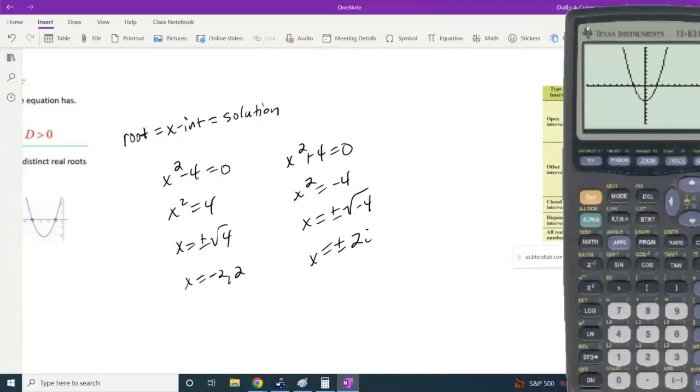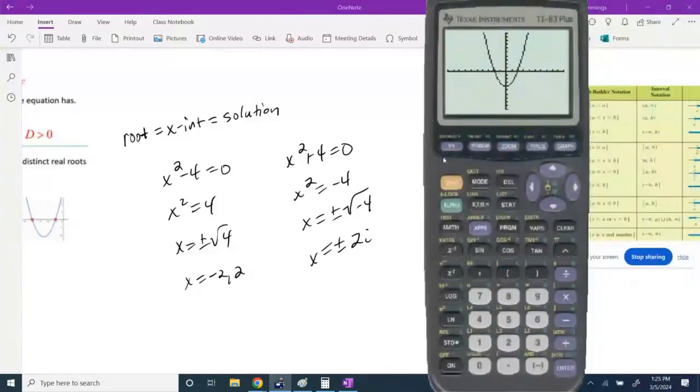So notice, we don't deal with imaginary roots when you're solving these equations, but this i pops its head up because in complex numbers, we treat the square root of negative 1 as i. But if I were to graph x squared plus 4, notice that the graph does not touch the x-axis at all.